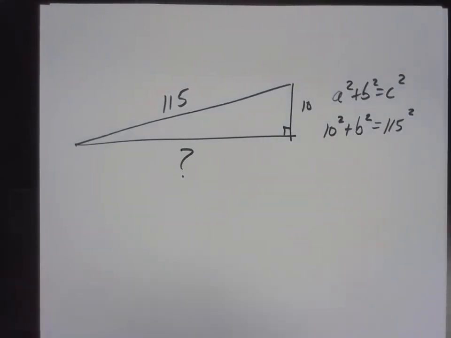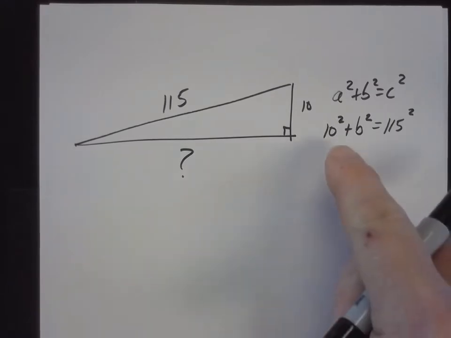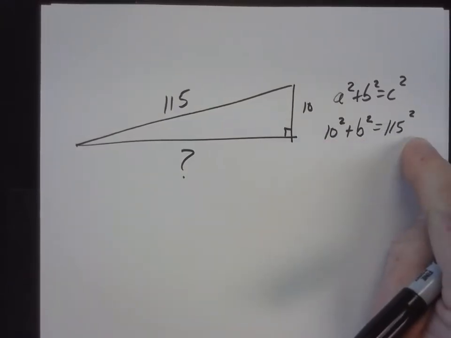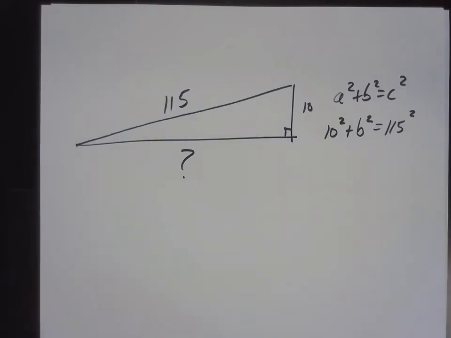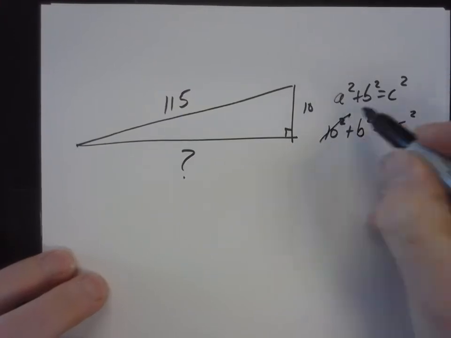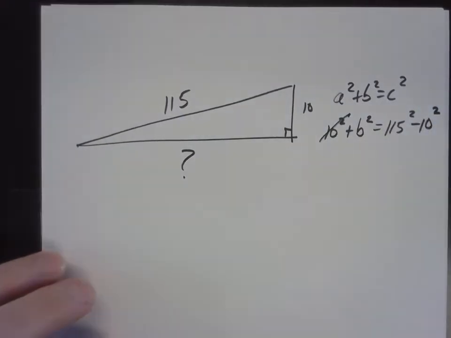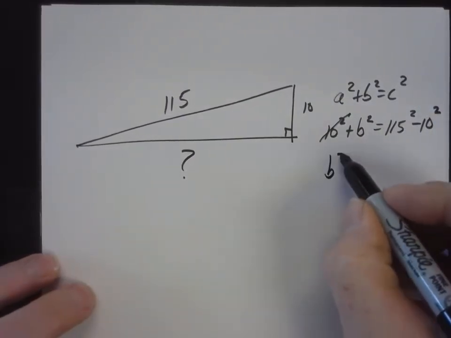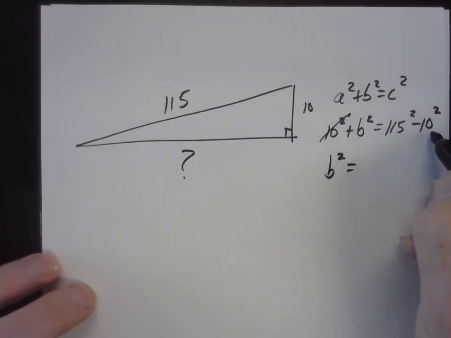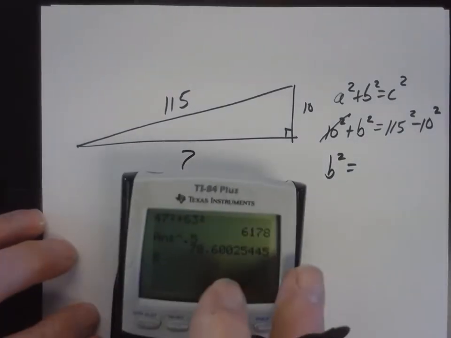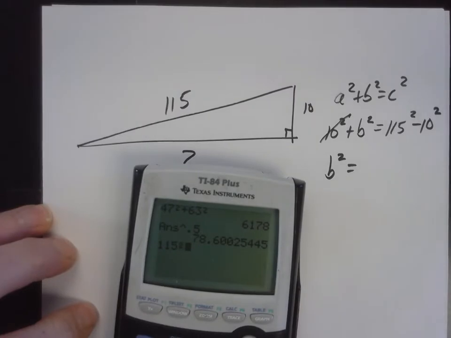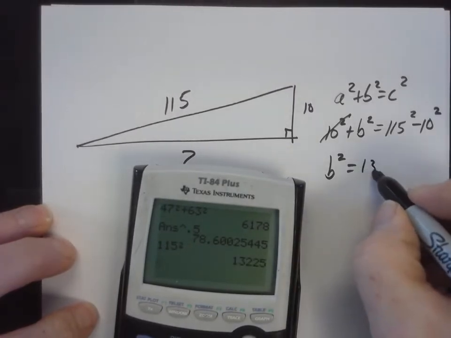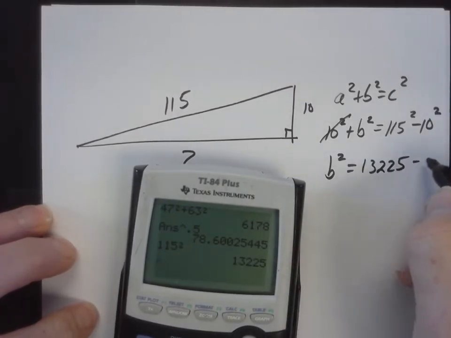Once again, you can't subtract 10 squared from both sides and say b squared equals 105 squared. You've got to square them first. So I can do this, but I cannot say this is 105 squared. I've got to figure out what 115 squared is, and then I can subtract 100.